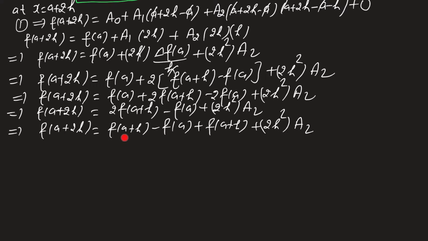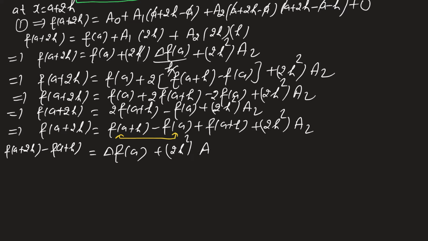So this is split into 2, one f(a+h), f(a+h), and you know this is equal to delta f(a), this thing. Okay, this is delta f(a), and this will go from here to there, so this implies that f(a+2h) minus f(a+h) plus 2h² a2.